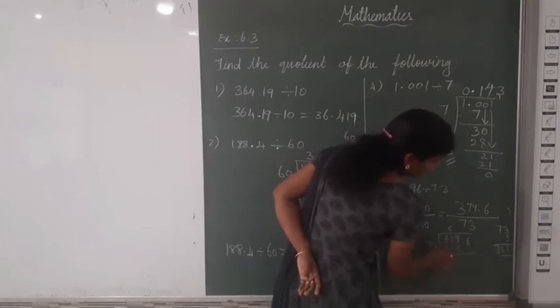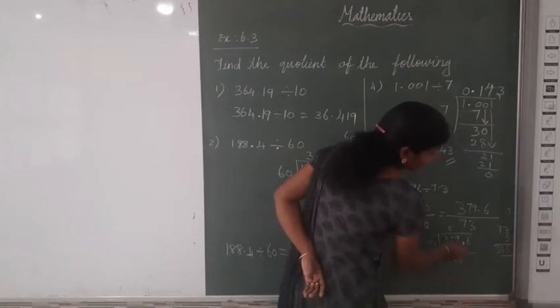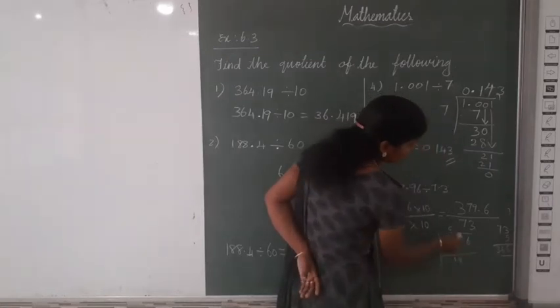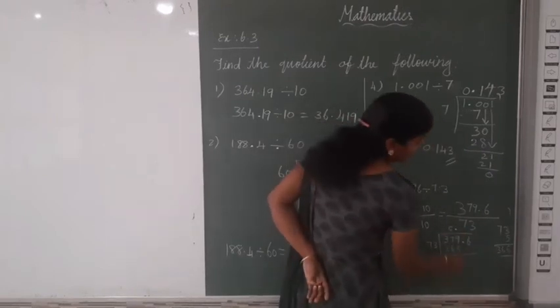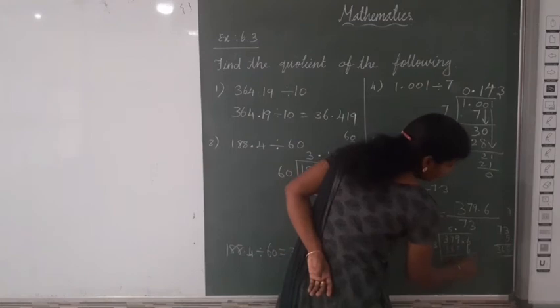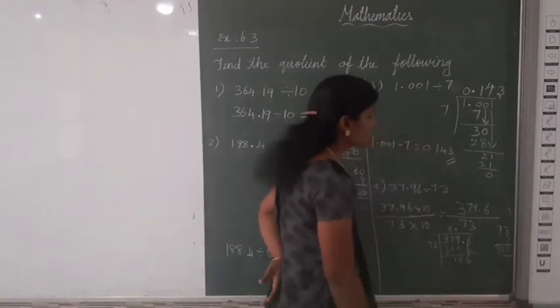Now 379 minus 365: 9 minus 5 is 4, 7 minus 6 is 1. Here we have the decimal point, so we put this point in the quotient. Now we bring this digit down: 146.